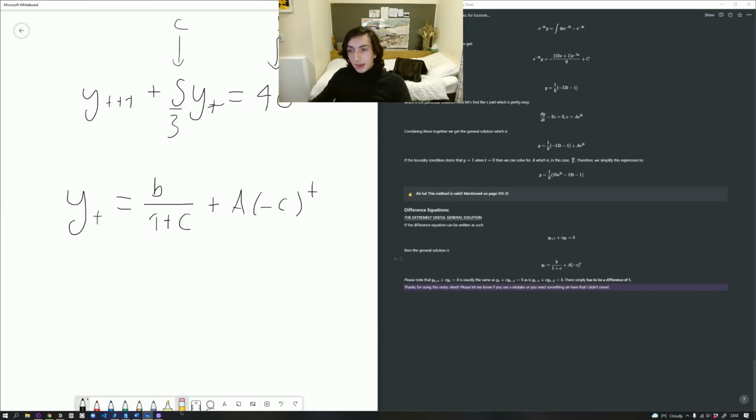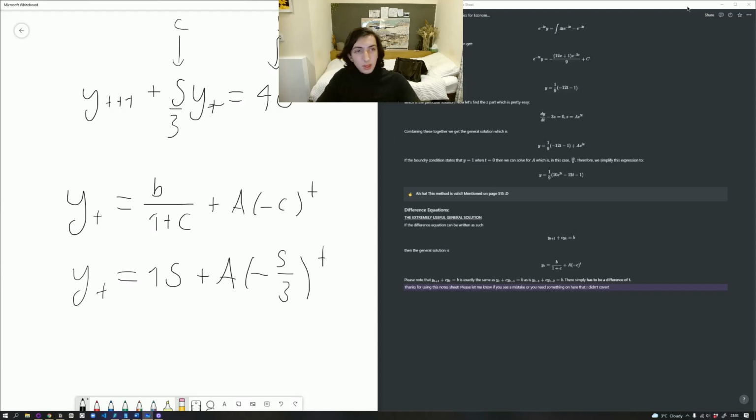Okay, now using this, we can go forward with this. So we now have 40 divided by 1 plus 5 over 3, which is going to be 8 over 3, which means we're going to be timesing it by 3 over 8, which in this case will be 15. Now we just add capital A times minus c, which is going to be minus 5 over 3, then it goes to the power of t. All right?